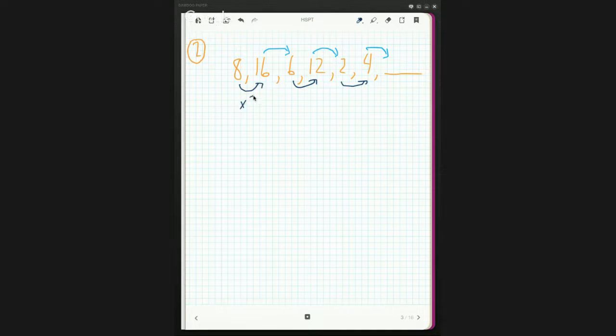So this pattern is times 2, times 2, times 2. Let's see if we can find the pattern on the top. Well, that's -10, -10. So 4 minus 10, our answer here is -6. So that's what I've called the paired pattern, where you have one pattern going on the top, and then a different pattern on every other pair of numbers.